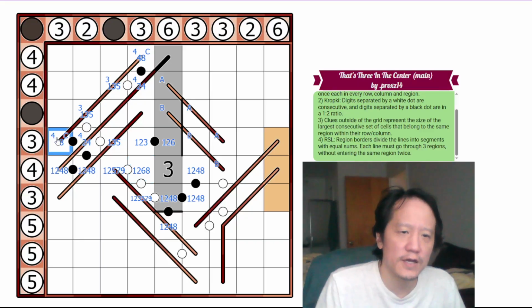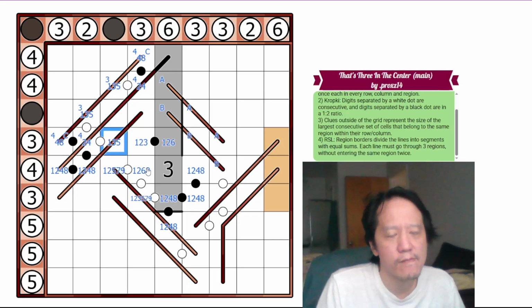So if this is 8, this is 8. These would both be 4 and 3 and 5 next to it. If these are 4, these are 2, and you have 1 and 3 next to it, and that's possible. So this is 1, 3, or 5. 2 and 4 cannot be the singleton, I believe.